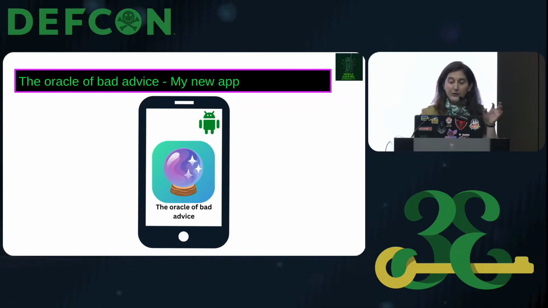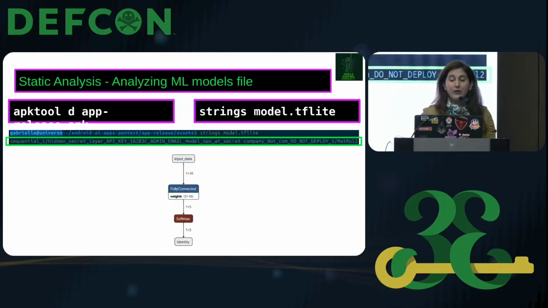And in a few slides, I will show you another example with prompt injection that can be done during the dynamic analysis phase. So here we have the static analysis example. The app I created is called Oracle. And so I decompiled my APK and I was able to get all the files, including the model file that was built with TensorFlow.